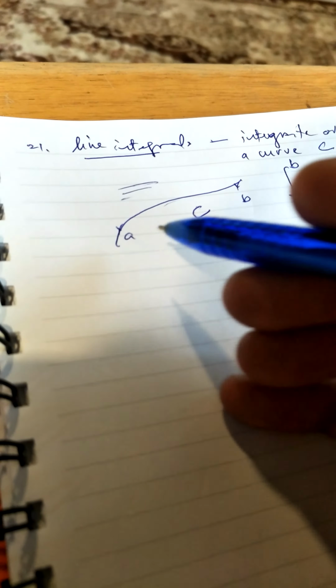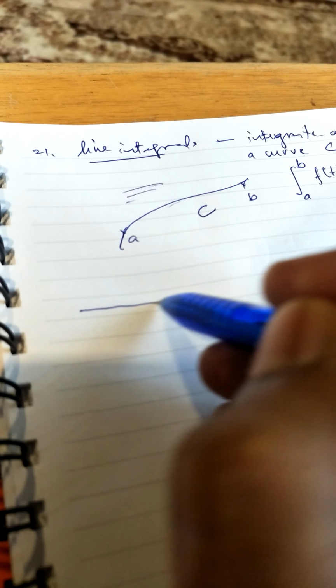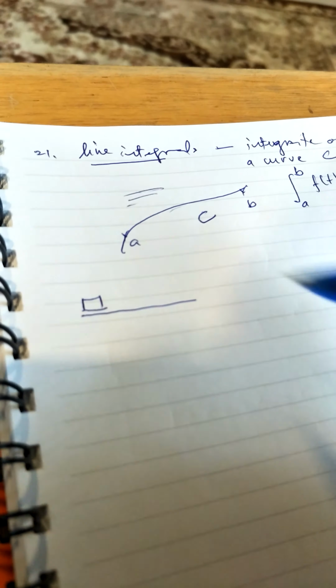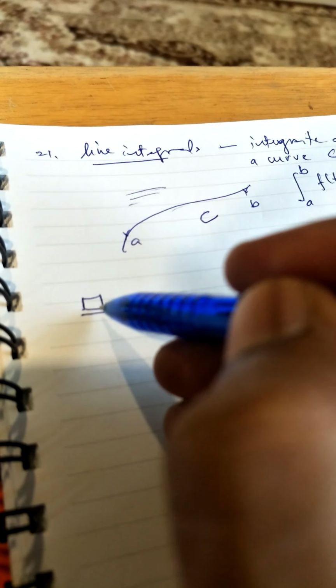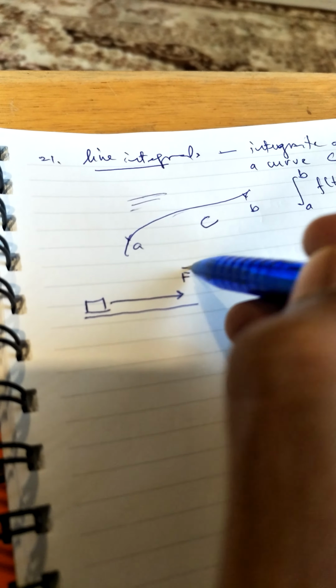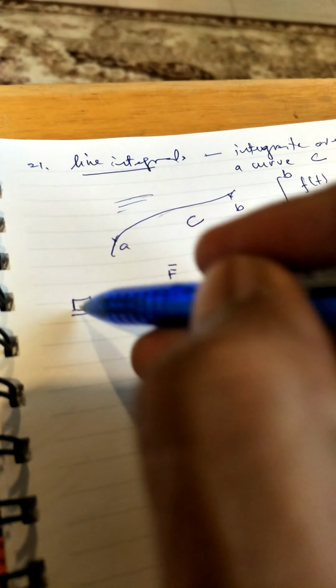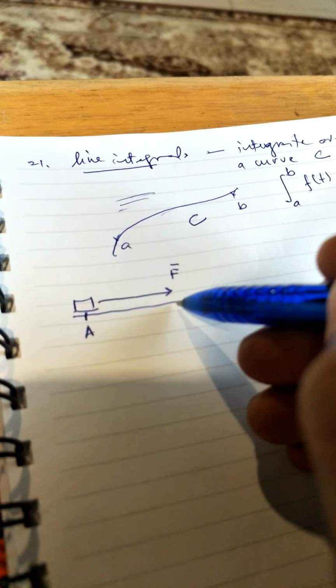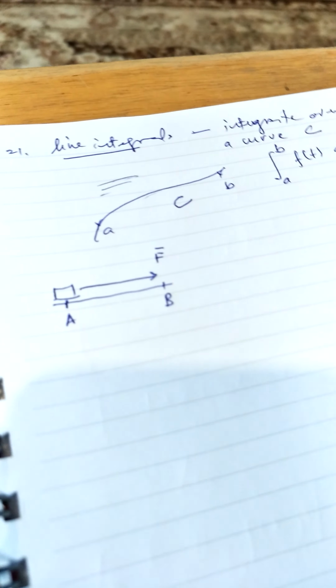Okay, I will give you a full definition. How do we define the line integral? As a starting point, let's consider if you have an object, where we pull this object with a constant force F from a point A to a point B. So what do we have?